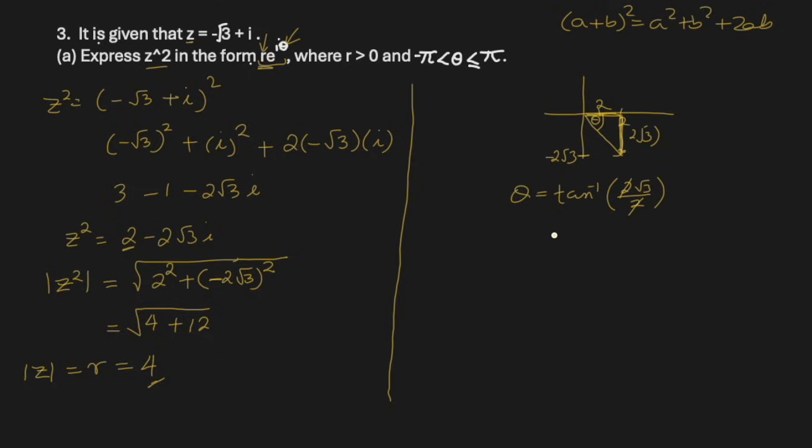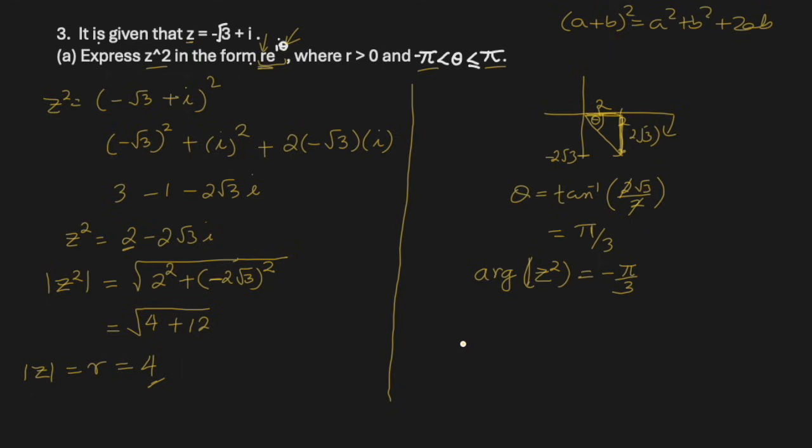Tan inverse square root 3 is pi over 3. So because it's in this direction, it will be negative pi over 3. So the argument of z square is negative pi over 3, because they said from minus pi till pi.